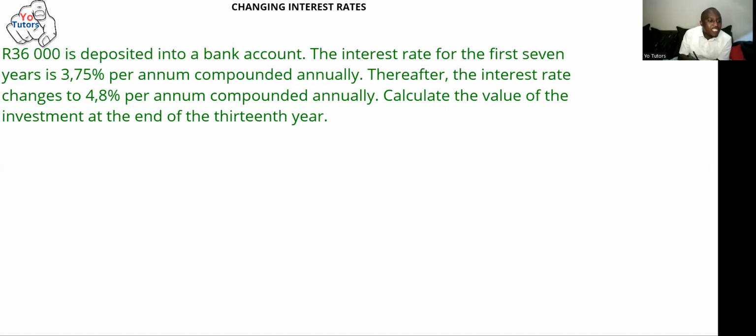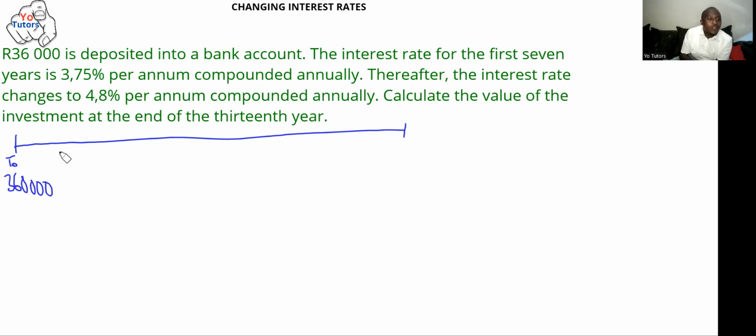So what happens here is that you are dealing with interest. Let's do a timeline. When we draw our timeline, at T0 the amount deposited is 360,000.